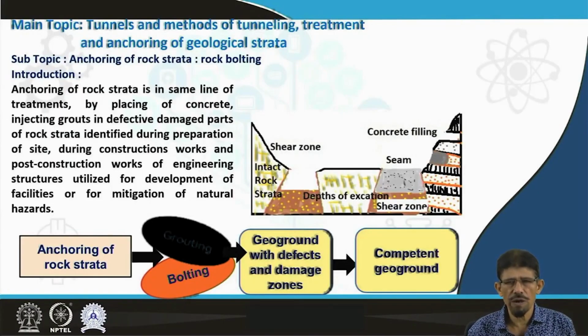Friends, we have already discussed the identification of defective strata. Identified defective strata we are going to treat with the help of certain suitable material like concrete, like grout, like other materials, chemicals, etc. As far as this strata is concerned, we have already discussed defective zones such as faults, such as seams, weak zones.